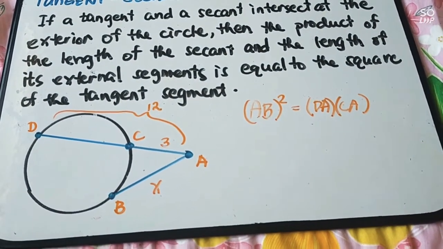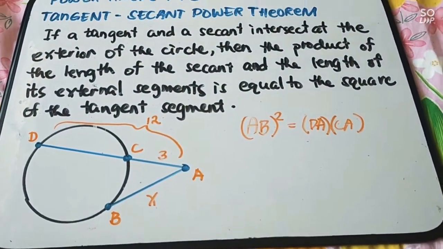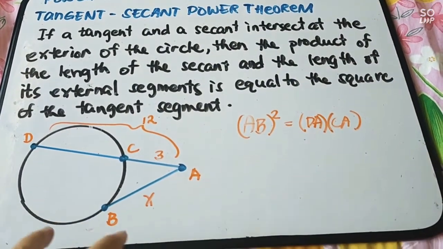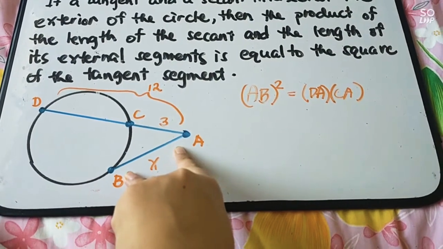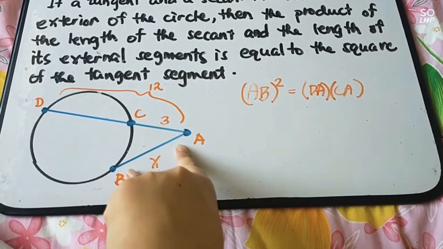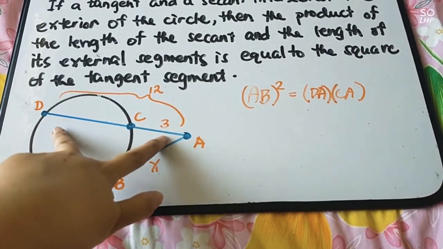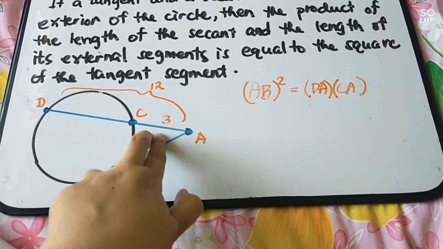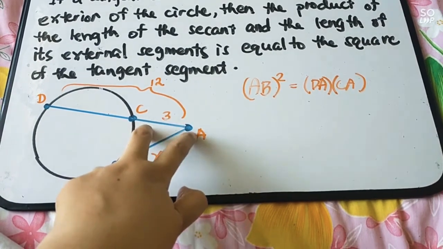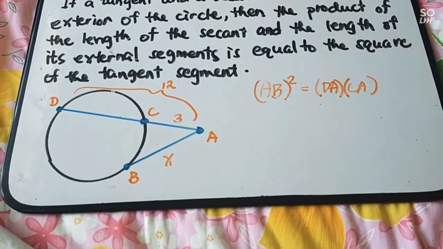Okay? So, that's your formula. It is that simple. We have again a tangent. Just square the tangent segment. Then it is equal to the whole secant, multiplied by its external segment, CA.